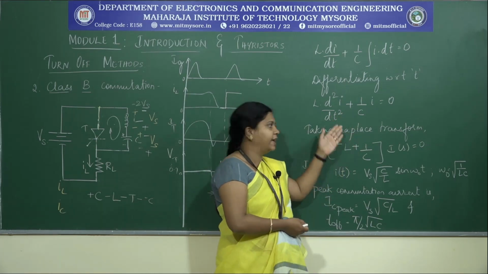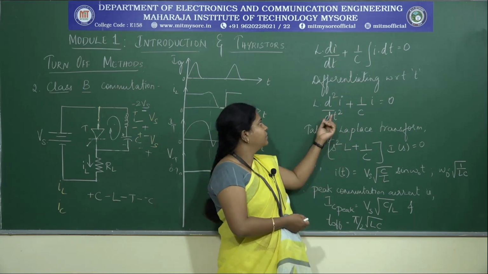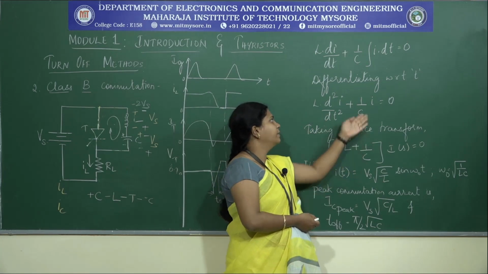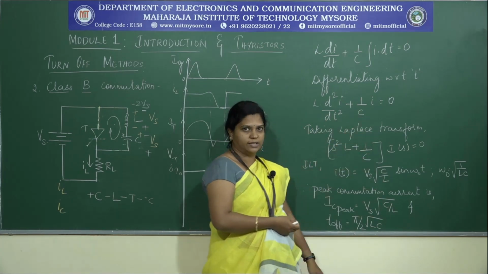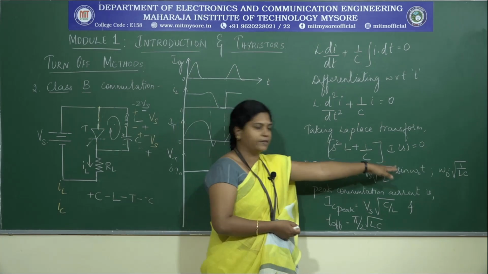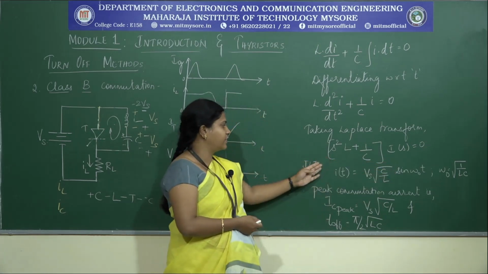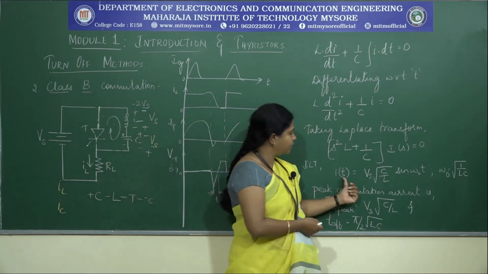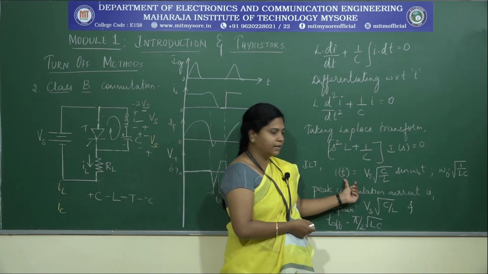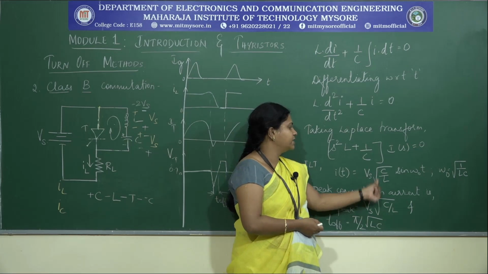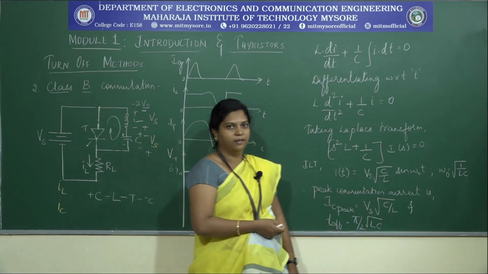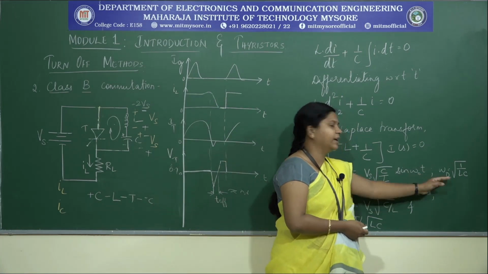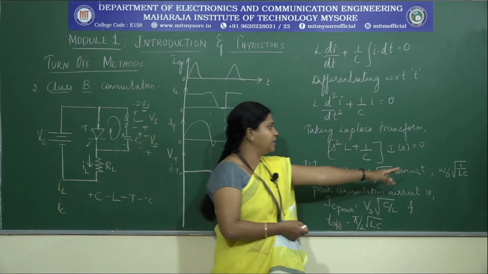Before that, we have to take the Laplace transform of it. So, d square becomes s square, L into I of s plus 1 by C into I of s. Take I of s as common and write the equation. When we convert it into the inverse Laplace transform, we get the current I of t equal to Vs into root of C by L into sine omega naught t, where omega naught is the natural frequency.